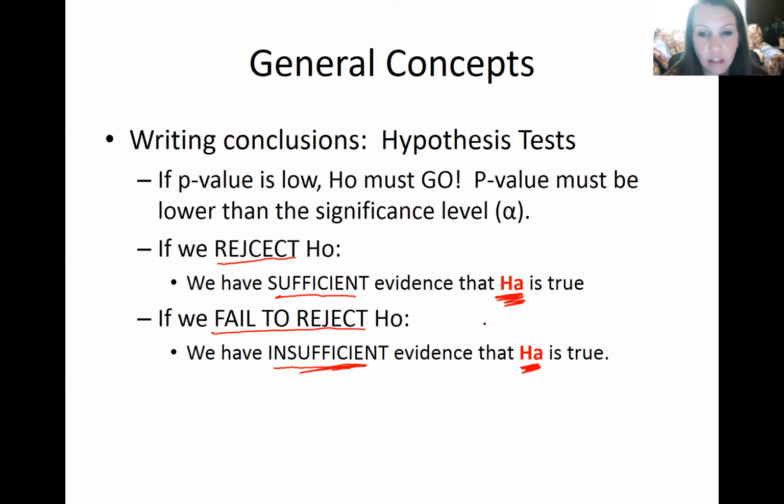So the thing to note is that either way, reject or fail to reject, it's always the alternative that is talked about in the remaining part of the conclusion. And reject goes along with sufficient evidence, and fail to reject goes along with insufficient evidence.